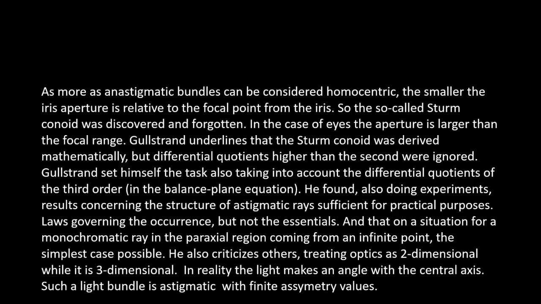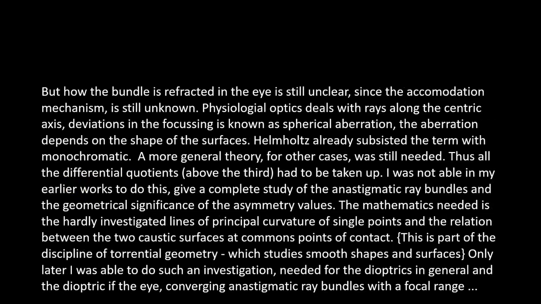And that on a point for a monochromatic ray in the paraxial region coming from an infinite point, the simplest case is possible. He also criticized others for treating optics as two-dimensional while it is three-dimensional. In reality, the light makes an angle with the central axis. Such a light bundle is astigmatic, with finite asymmetry values. But how the bundle is refracted in the eye is still unclear, since the accommodation mechanism is still unknown.